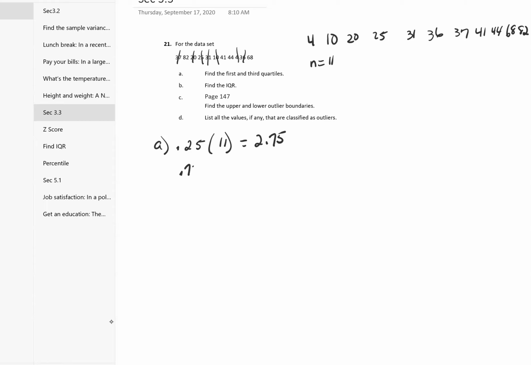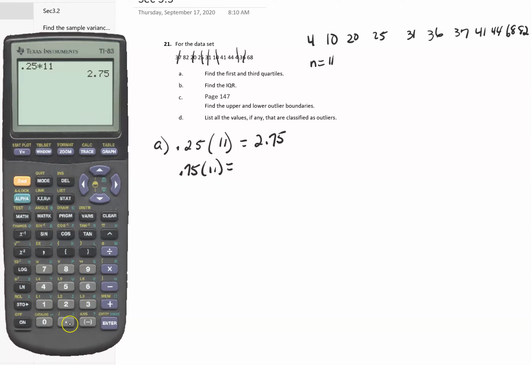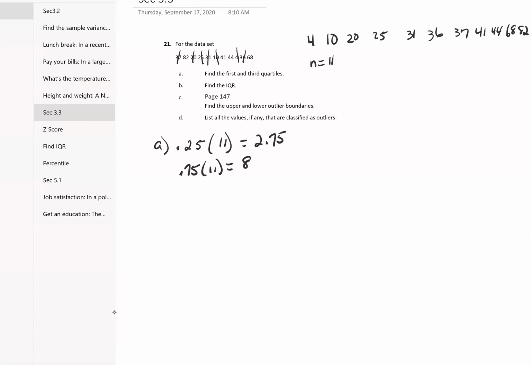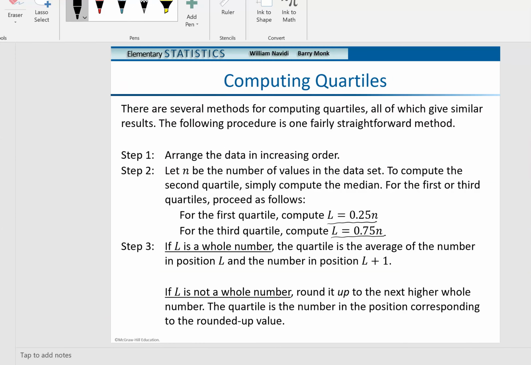And then I want to do 0.75 times 11, which is 8.25. Okay, now I go back here and it says if L is a whole number. Well, it's not a whole number.